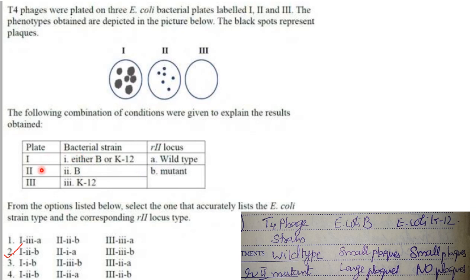So second one, 1 and A. Then next one, third one, no plaques. No plaques are seen when R2 mutant T4 phage strain infects E. coli K12. So this is E. coli K12, 3 and B mutant. So the answer here is option 2.